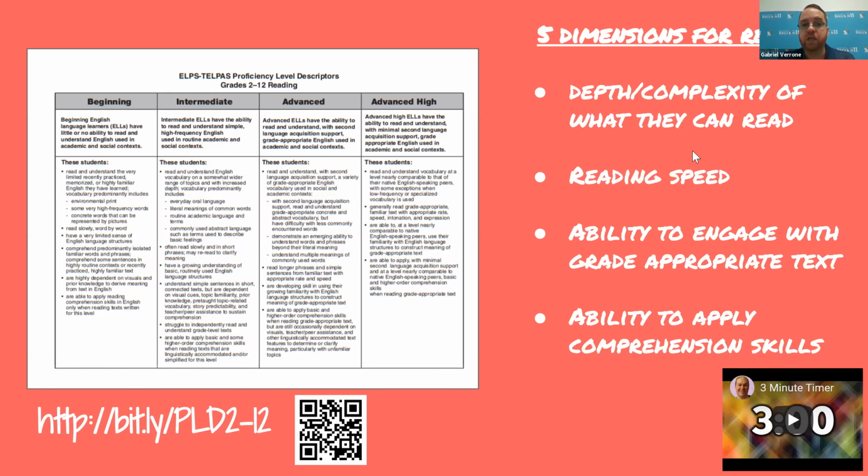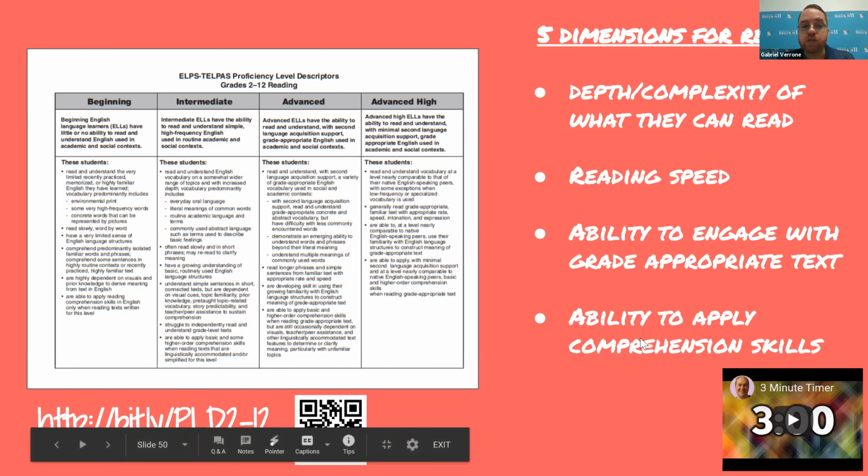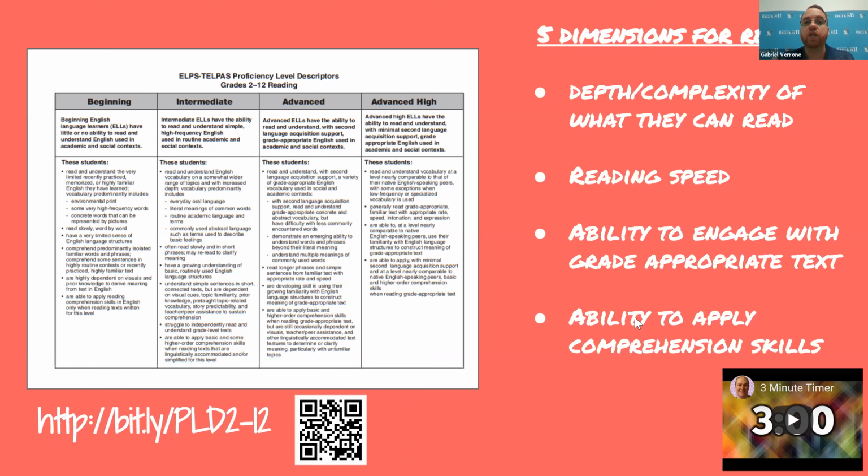Their reading speed, prosody, accuracy, all of that good stuff. Their ability to engage with grade appropriate text. And lastly, their ability to apply comprehension skills. And again, same thing. Students can still wrestle with complex text much more easily if it's done orally or aurally.